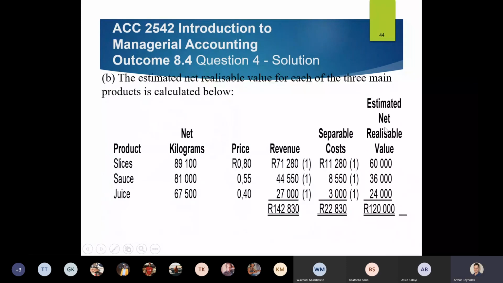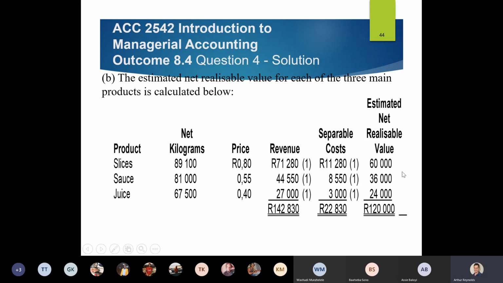So we have an estimated NRV of 60,000 for slices: 71 less the 11, 44 less the 8, and so on. That gives us a total of 120. That's net realizable value.